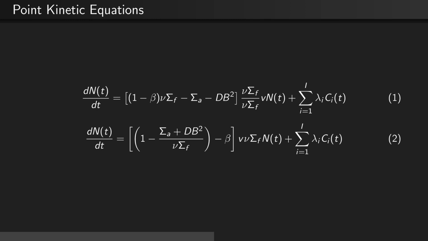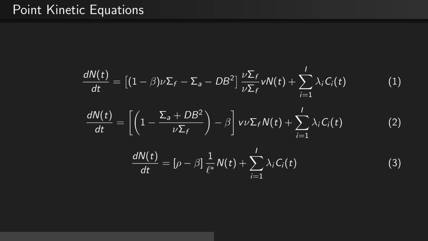Multiplying the nu sigma f in the denominator into the first term on the right-hand side, we see the following expression. Note that here, 1 minus sigma a plus D B squared divided by nu sigma f is just the reactivity rho. Additionally, V times nu sigma f is just 1 over the mean neutron generation time, L star.